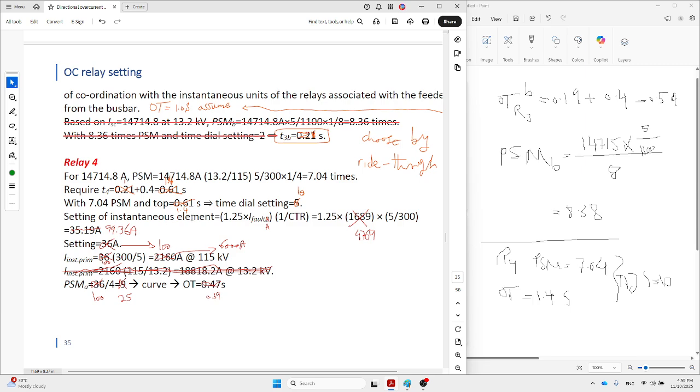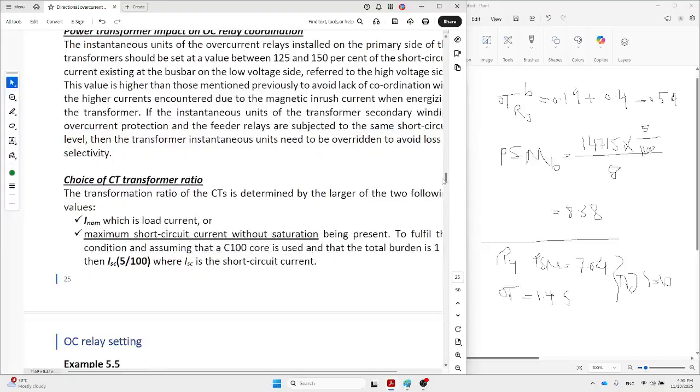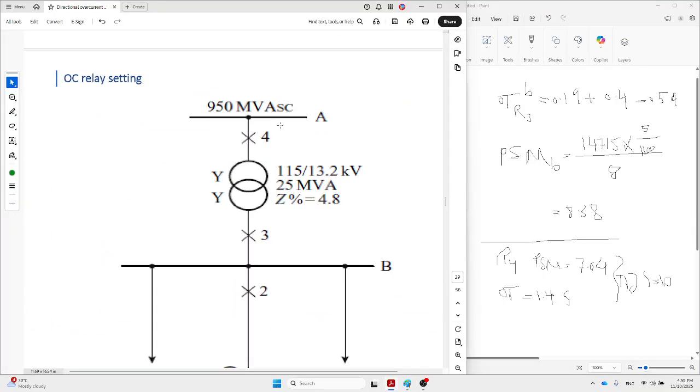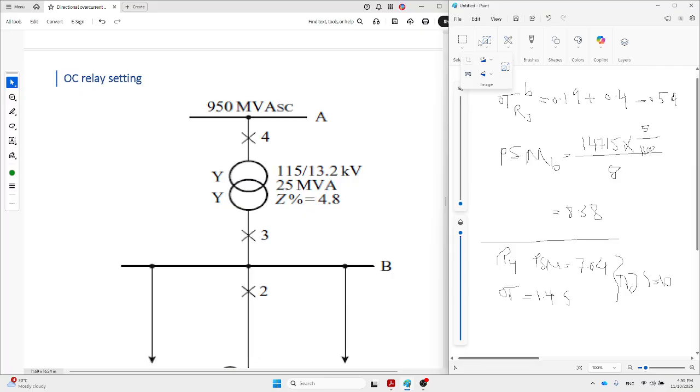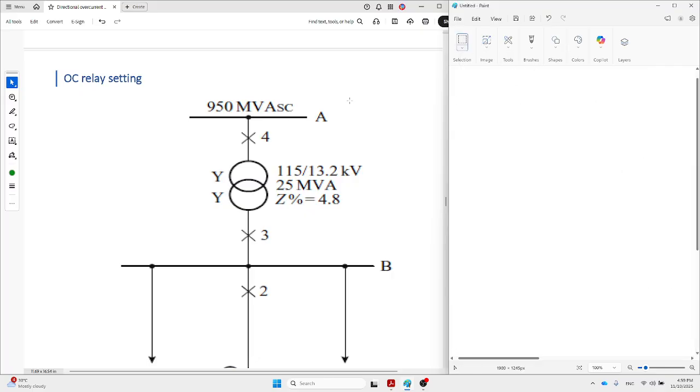Setting for the instantaneous element, 1.5 of the fault at this point. The fault here can easily be calculated this way. Since you have calculated, I'm sure you are familiar with this calculation. Delete everything. Okay, the fault at this point we calculated before.